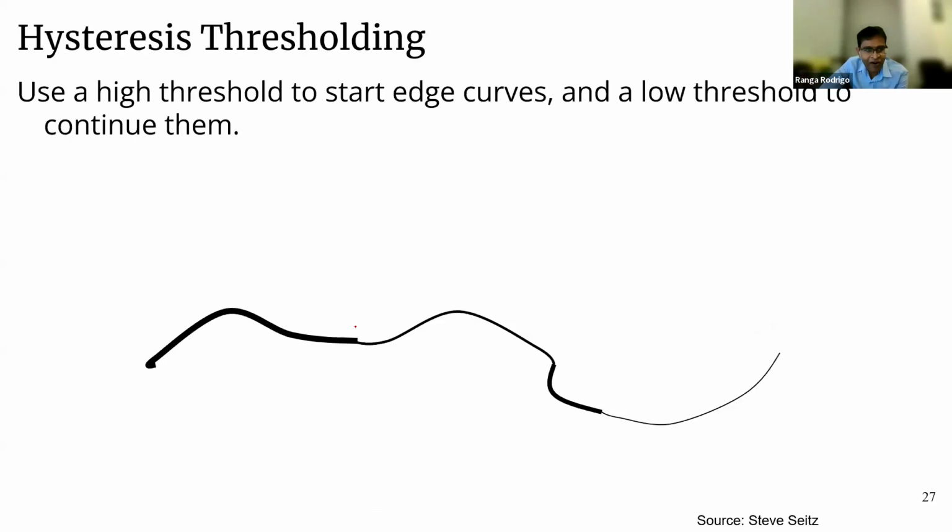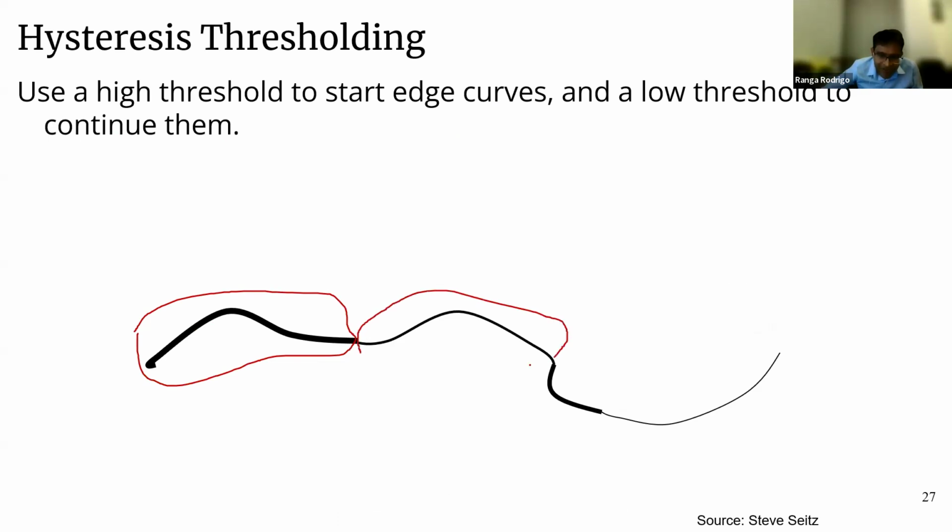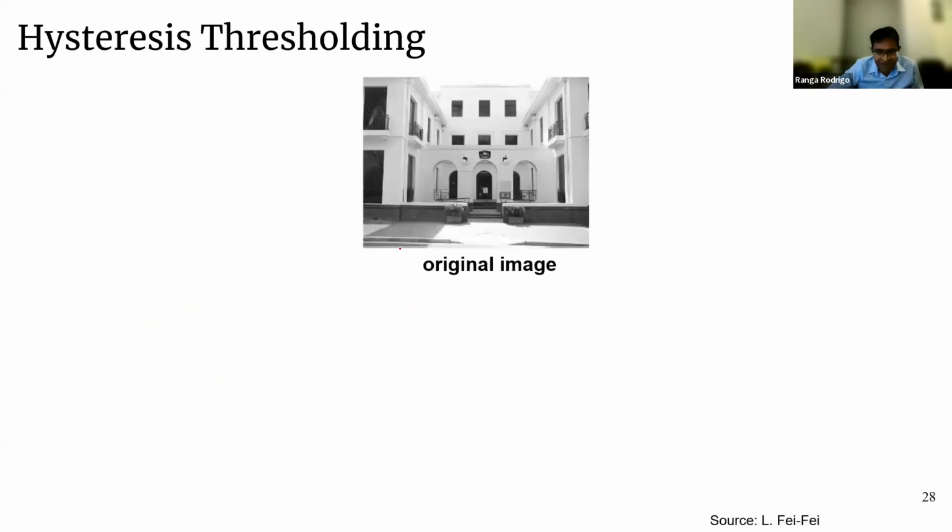So this is called hysteresis thresholding. You can see a high threshold to start the edge curves and a low threshold to continue them. These are strong gradients. And those less strong gradients connected to a strong gradient will survive. Other less strong edges will diminish. That's what we had to do.